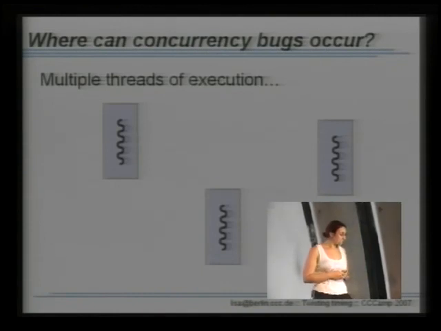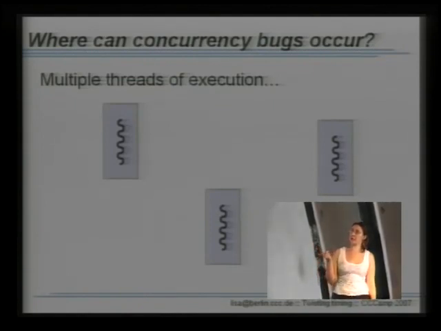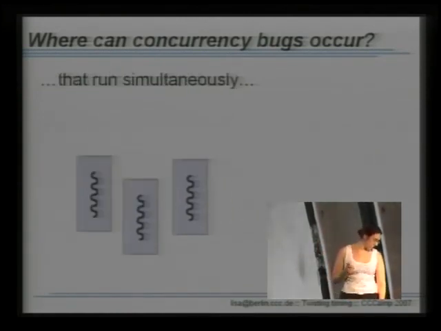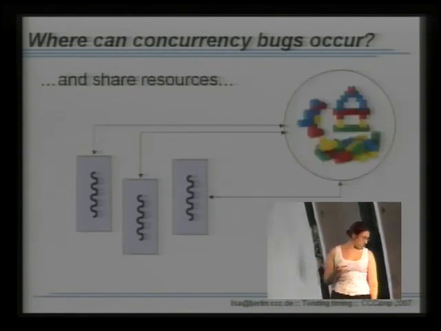That's better. So I was rambling on about multiple threads of execution, which can mean threads as in pthreads or win32 threads, but also processes on different hosts. The next requirement is that they run simultaneously and share resources.